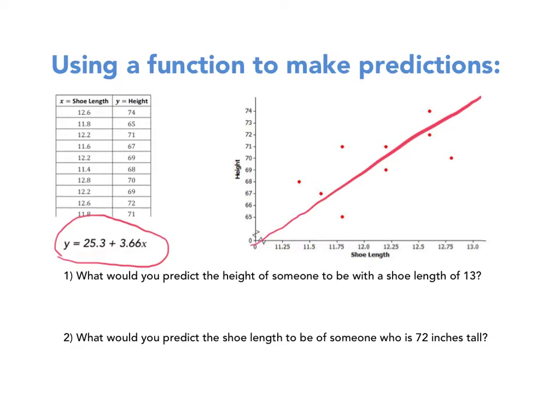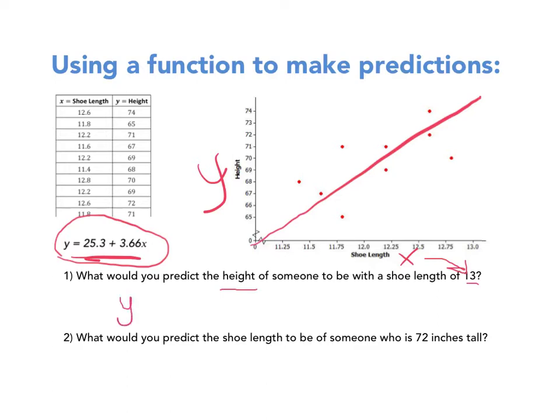So I see that my y value is height and my x value is shoe length. That's what I was measuring. That was my independent value, and my height was my dependent value. So what would you predict the height of someone to be with a shoe length of 13? So I have my x, it's 13, but I don't have my y. That's what I'm going to look for. So I'm going to use this equation that we're given, which matches the scatter plot.